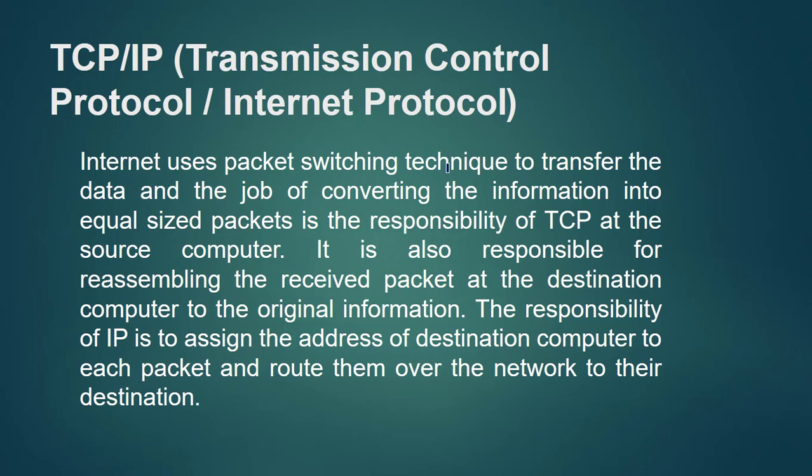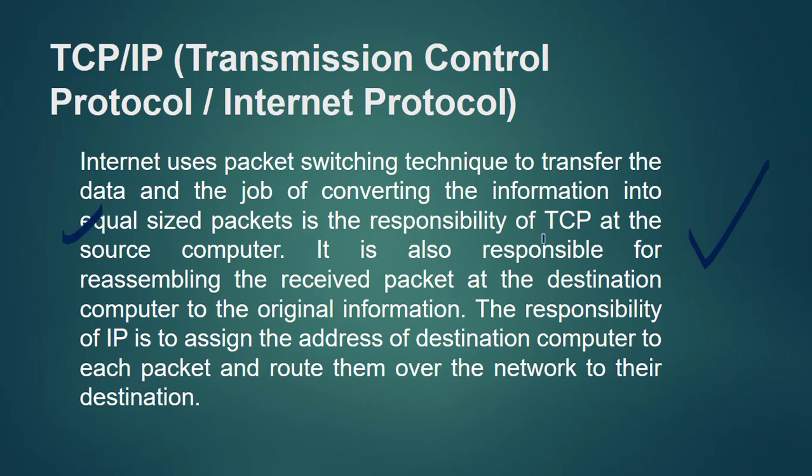Transmission Control Protocol and Internet Protocol are generally used for sharing data from one machine to another, along with user authentication. TCP generally fetches our data and breaks it into equal sized packets.